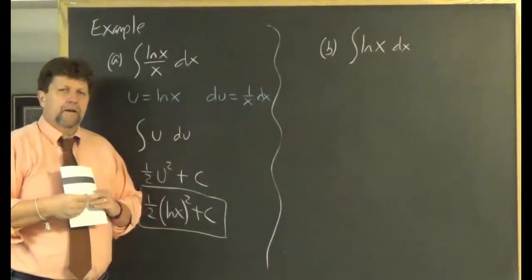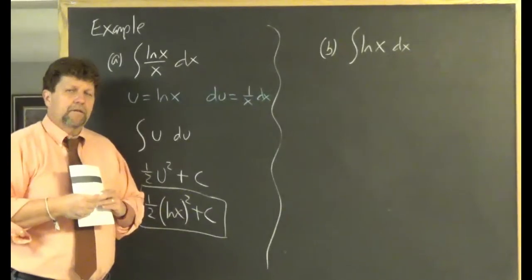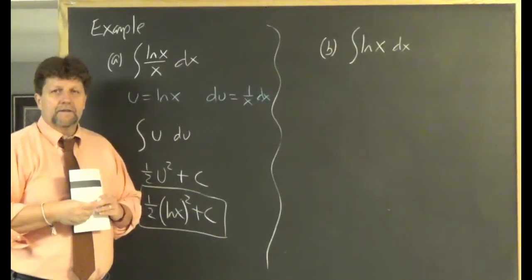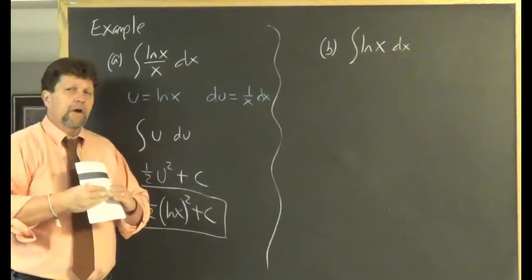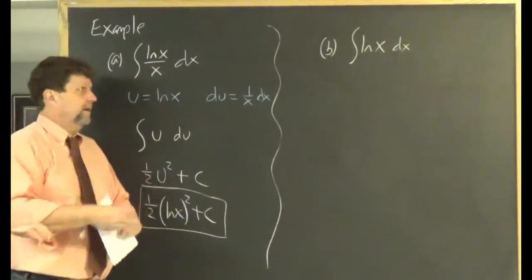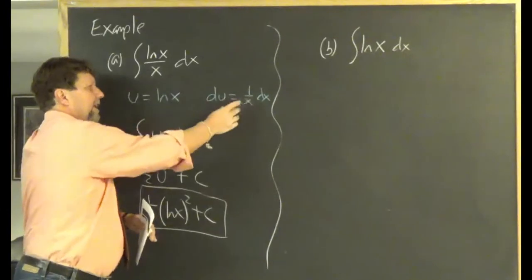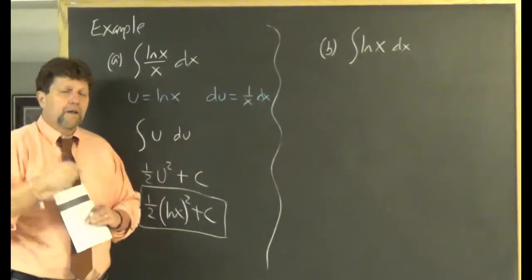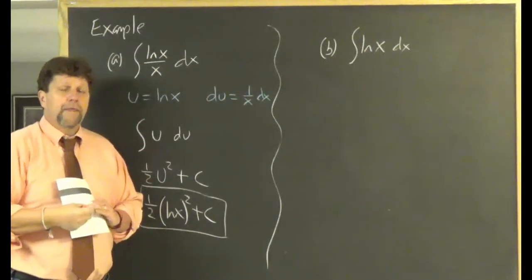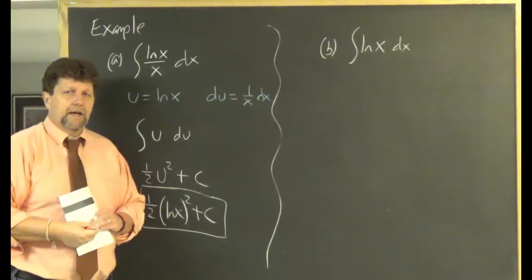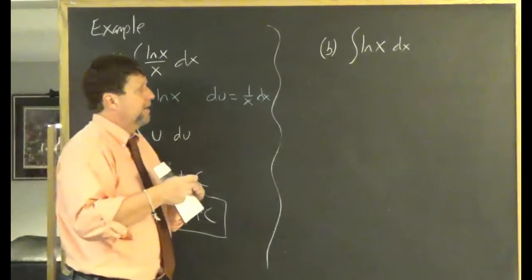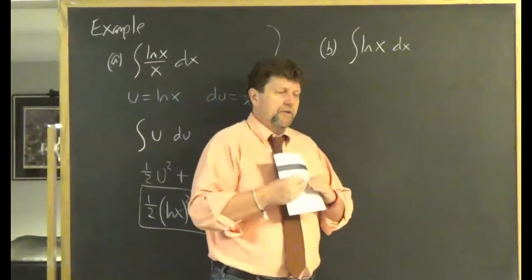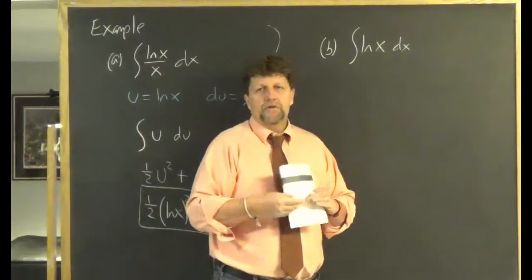Part B, integrate natural log x dx. So as I mentioned on the slide, right now you know the derivative of ln x. You know the derivative of ln x is 1 over x. But you don't know the antiderivative for ln x. And that's what we're doing in part B. So when I look at part B, I'm thinking there's no way I can do a u substitution.